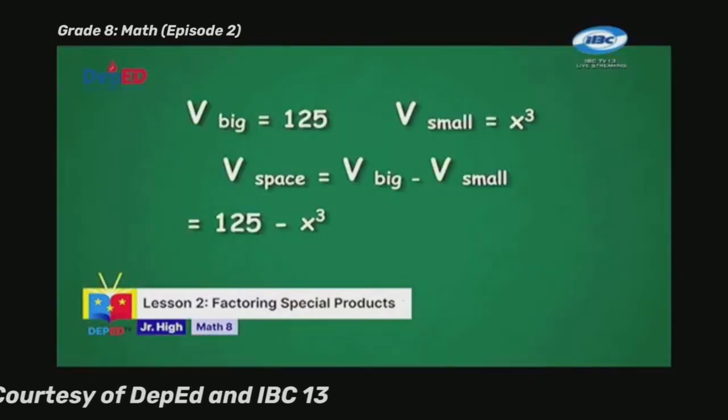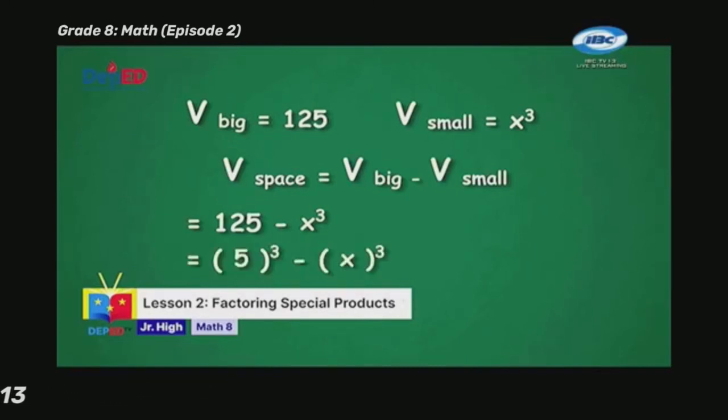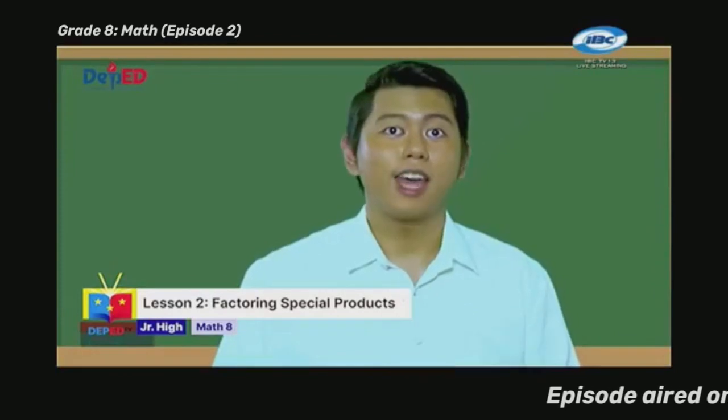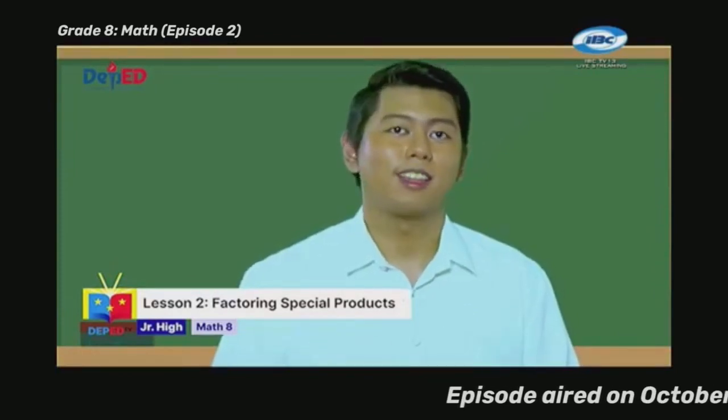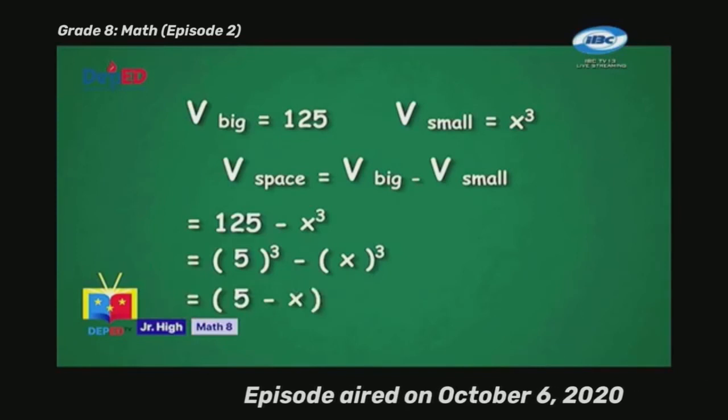Again, we can express 125 as the cube of 5 minus x cubed. We write the binomial factor using the expressions we acquired, 5 and x. Remember that the first sign is the same with the given, so we will have 5 minus x.